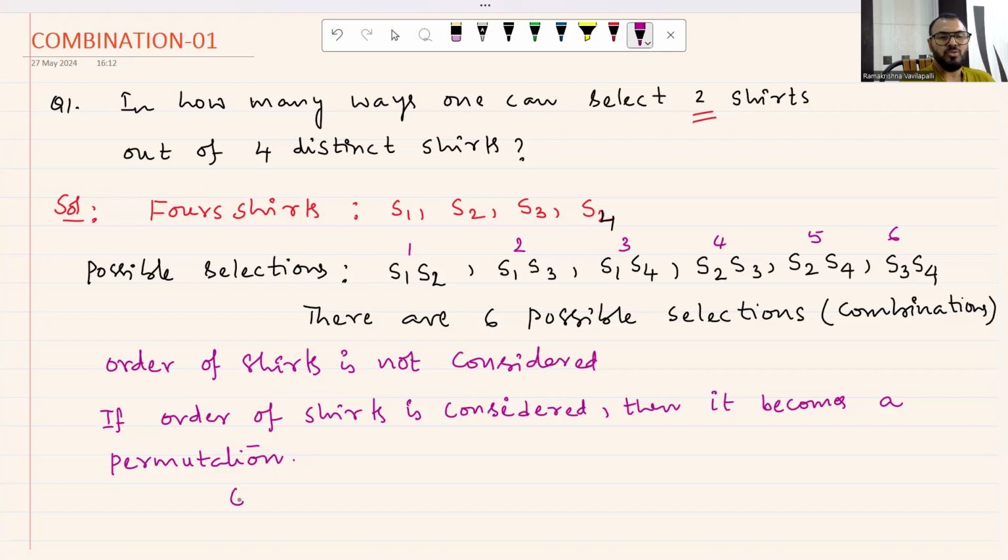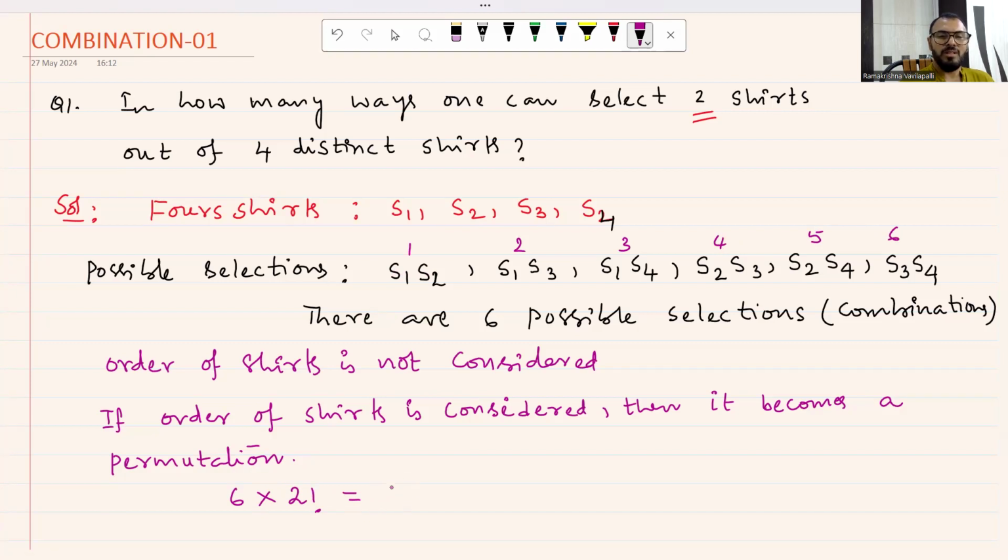So 6 into, okay, each pair can be arranged in 2 factorial ways. That is nothing but the number of permutations of 4 shirts taken 2 at a time.